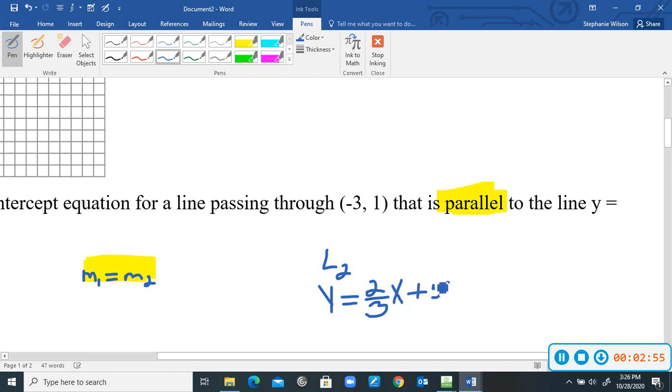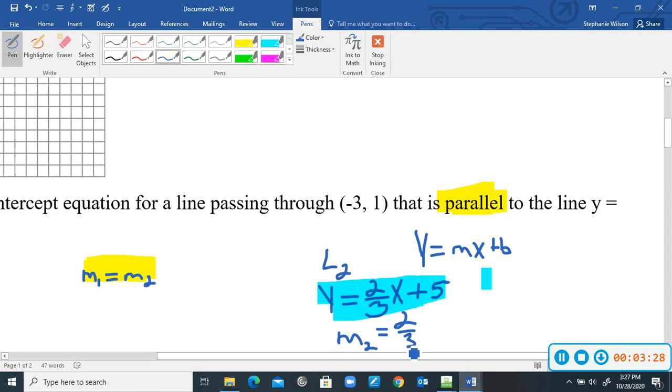What I notice about this equation for line 2 is it's already written in slope-intercept form, so I don't have to do any extra solving, which is always good. I know what my slope is here. My slope for line 2, because it's already written in my y equals mx plus b format, is 2/3.